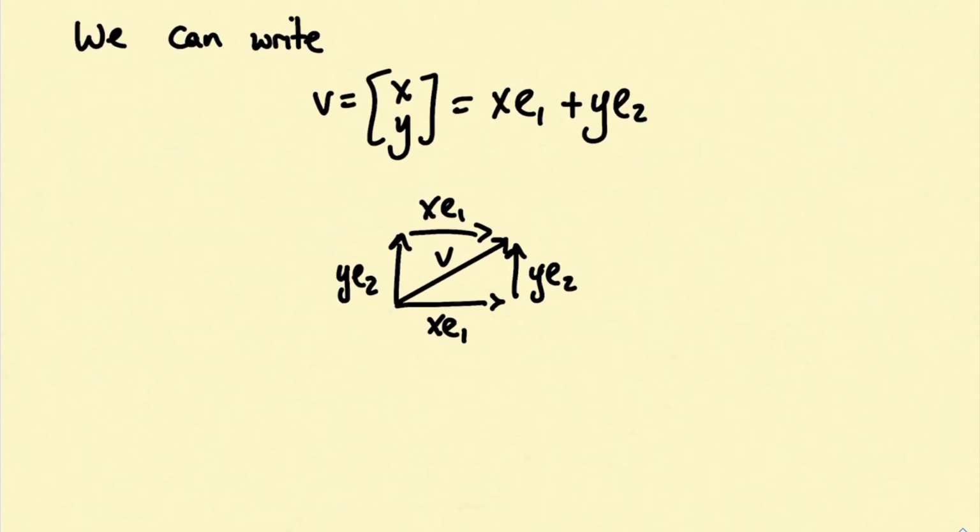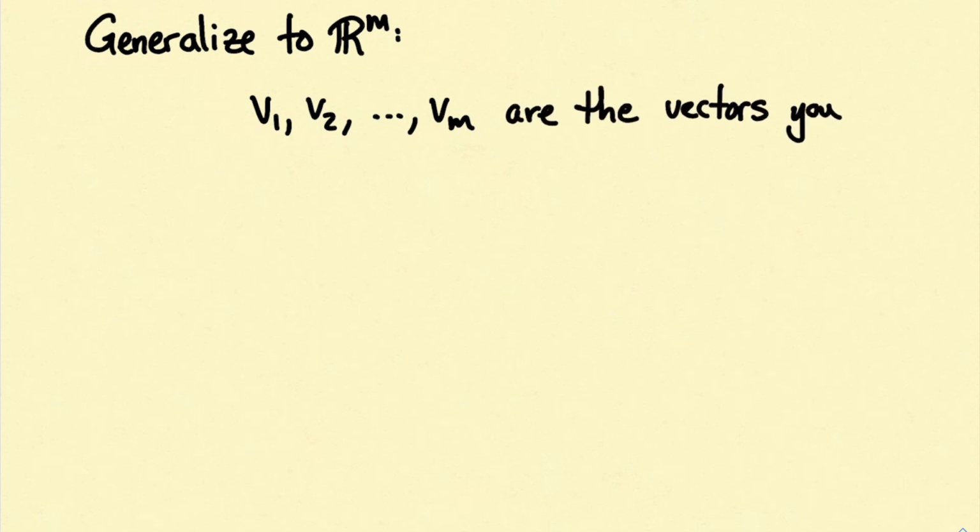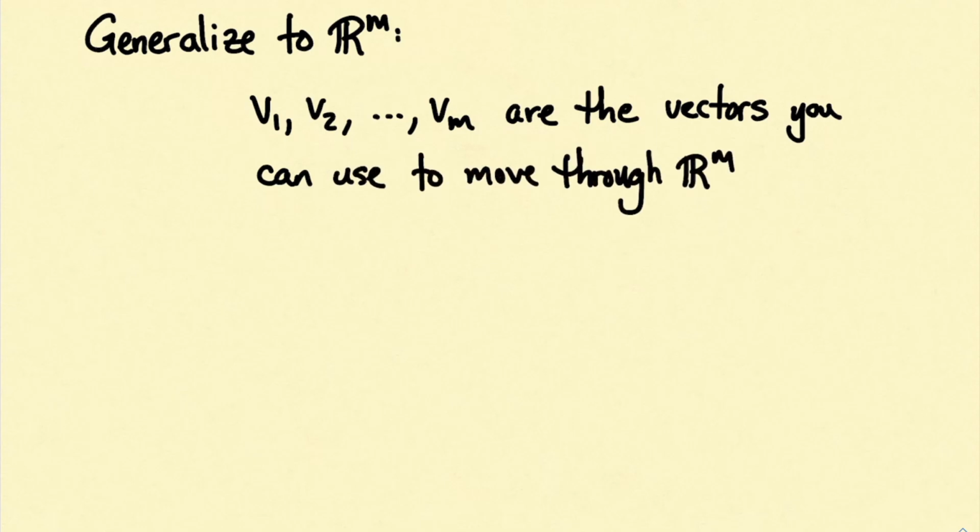Through this lens, we can generalize the game to m dimensions as follows. The choice of vectors v1 through vn can be thought of as a set of rules that specify how you are allowed to move through m-dimensional space.